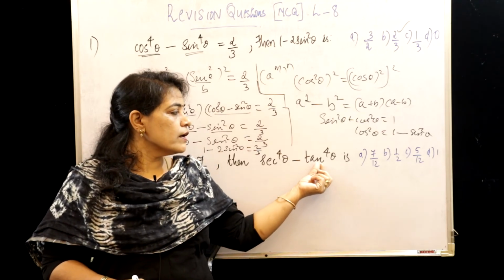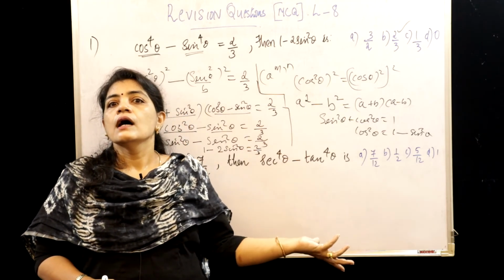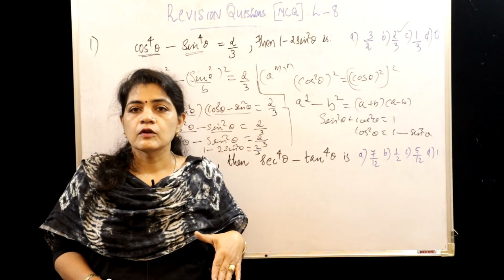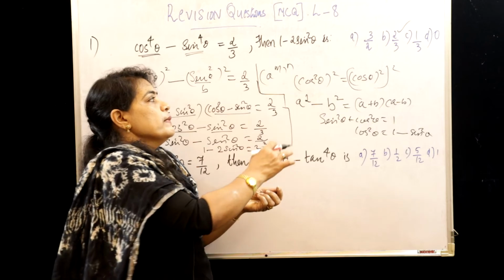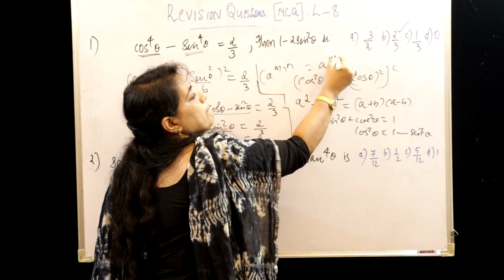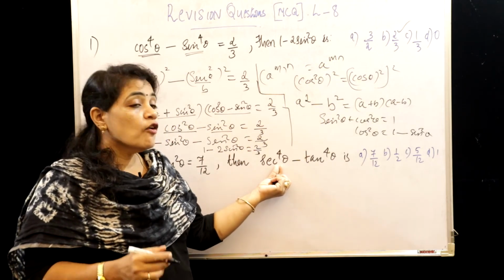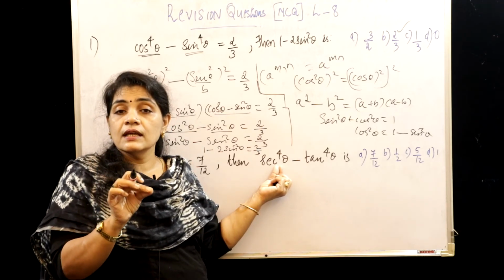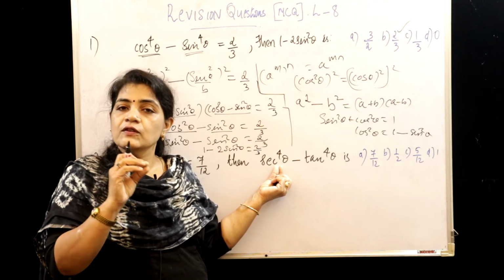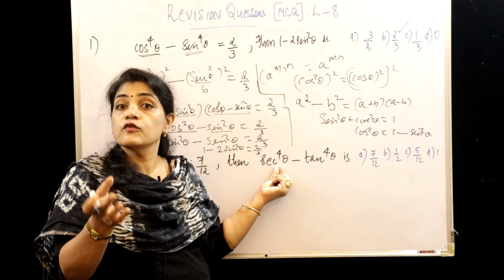Here the power of both sec and tan is 4. But that doesn't matter because we know a raised to m whole raised to n is a raised to mn. That means if we have power 4, you can rewrite this as sec square theta whole square, which equals sec raised to 4 theta.